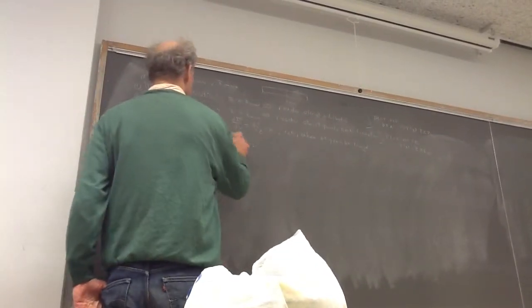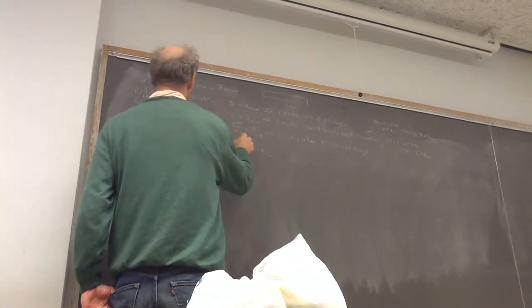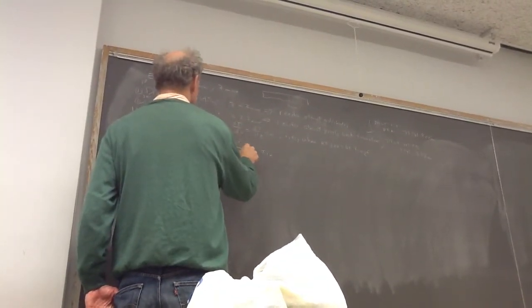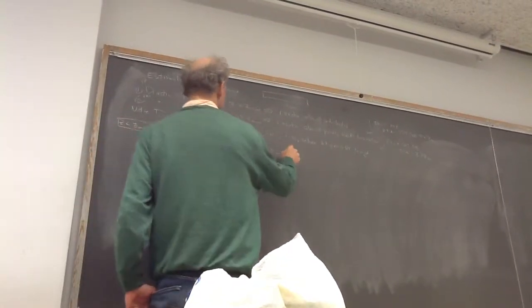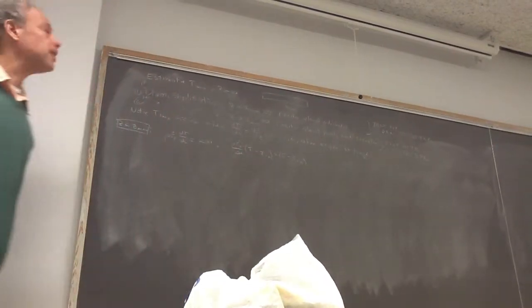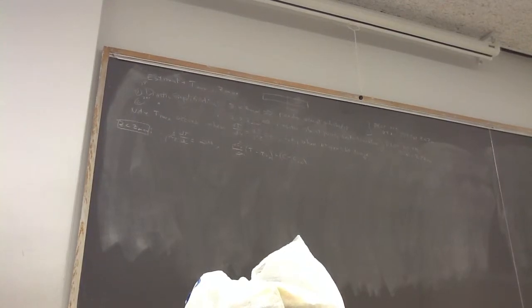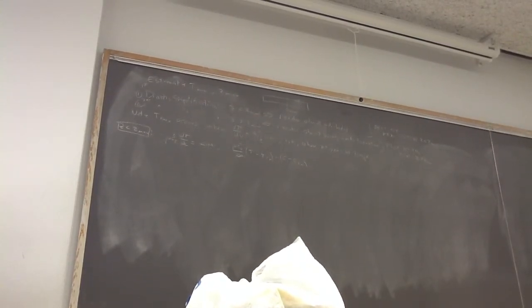So T minus T inlet times rho Cp hat over delta H is equal to C minus C inlet. So this says that the temperature and the concentration go up linearly with each other.